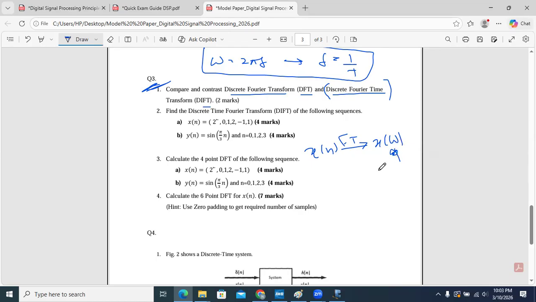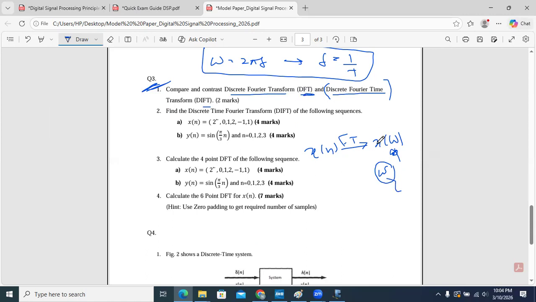This omega is a continuous variable. So again there is a problem when we digitally process the frequency domain, because a digital system has discrete values. So we need to get discrete values of this omega. For that we use the DFT.